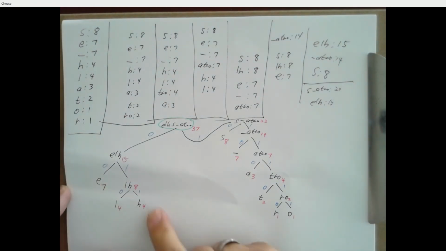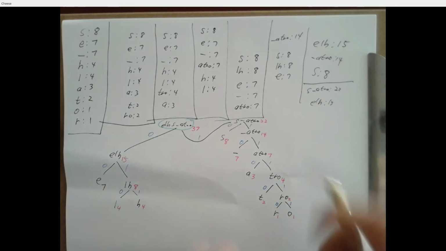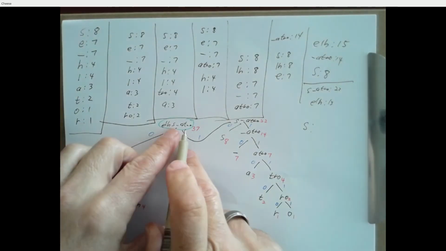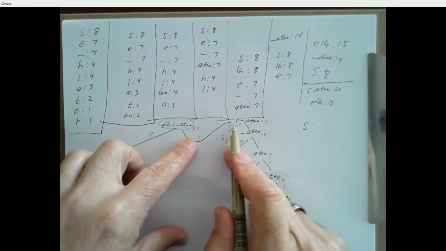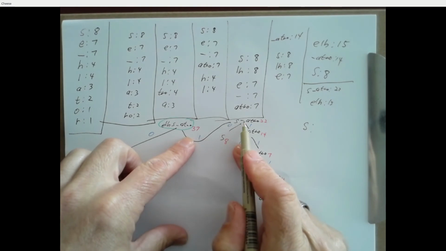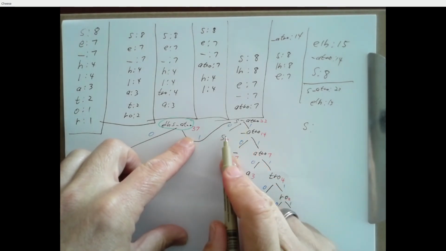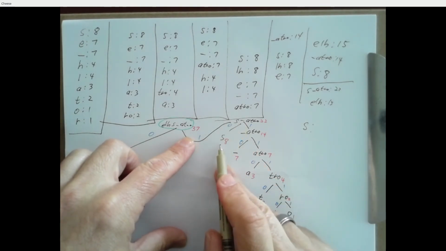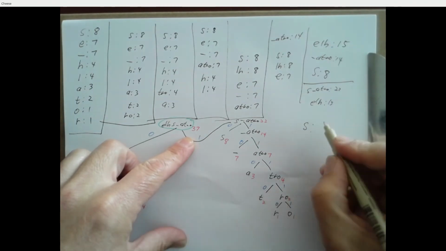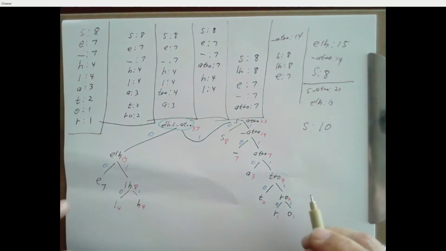All our actual characters, our symbols, are on the leaf nodes. So if we want to code the letter S, we start up here, we go to the right, which takes us down this one path to this node, and then we go left along the 0 path, and that gets us to an S. So our S is going to be coded as 1, 0.